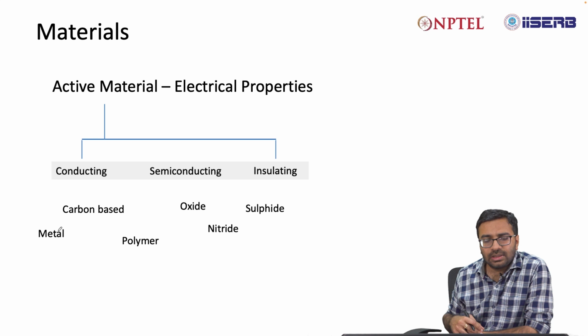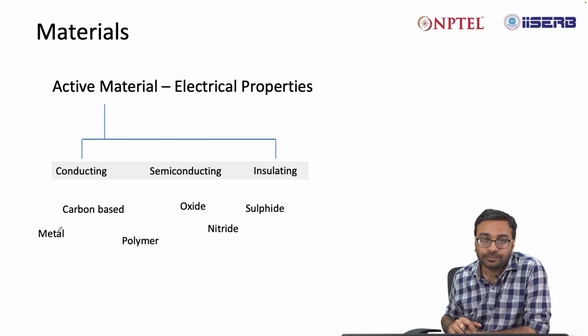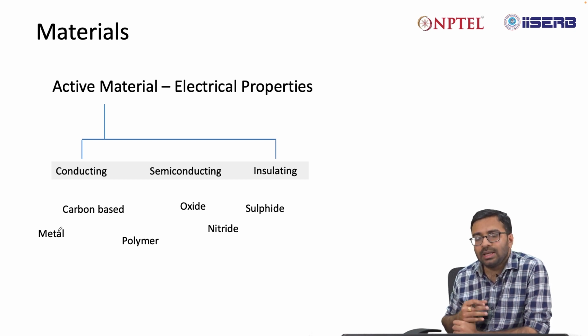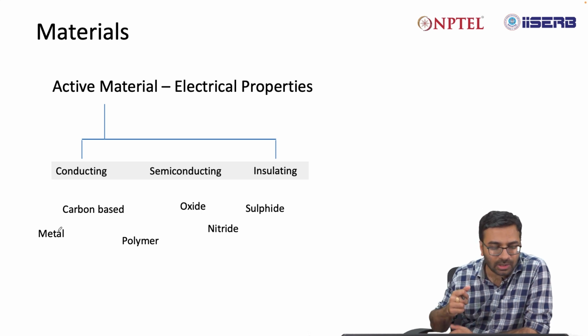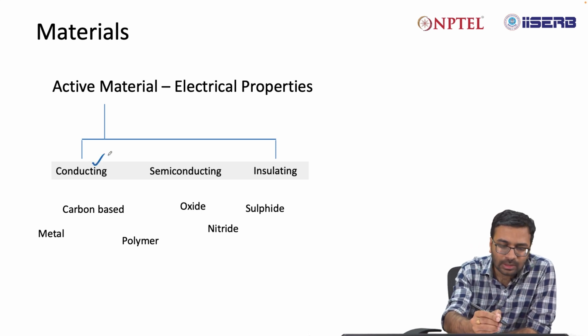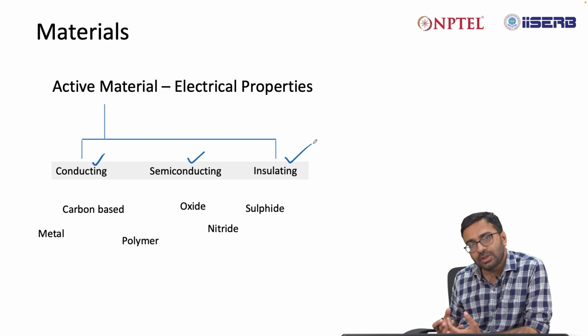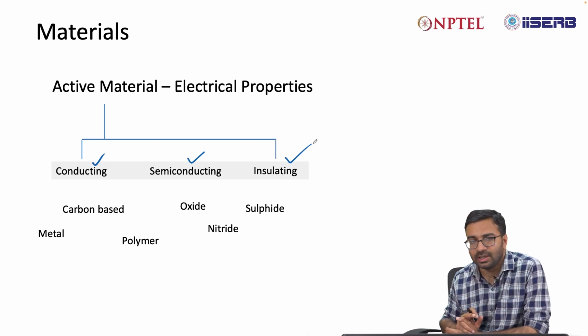Then let us discuss active material. Usually active materials are chosen based on the electrical properties. So the active material can be conducting, semiconducting, or insulating, based on the kind of application you are using these active materials in.